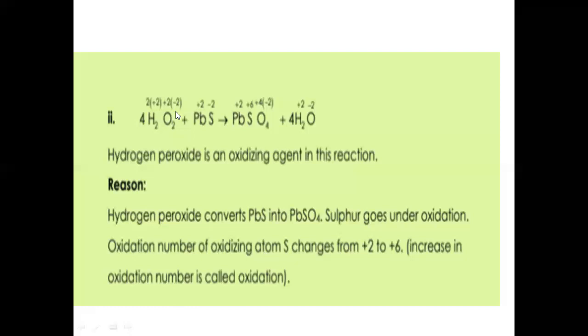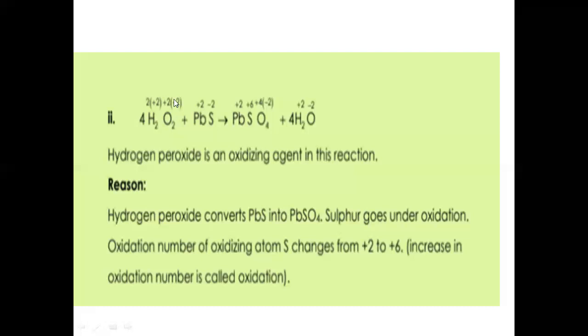And oxygen, as I told you, in the case of this compound, hydrogen peroxide, is -1, not -2. One oxygen is -1, for 2 it is -2, and this will be +1 for one hydrogen and +2 for two hydrogen atoms.